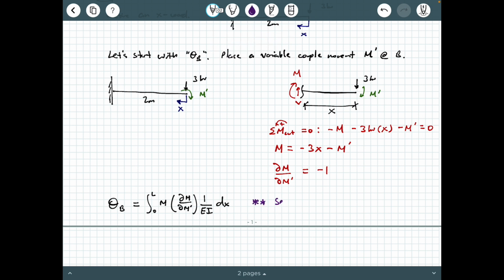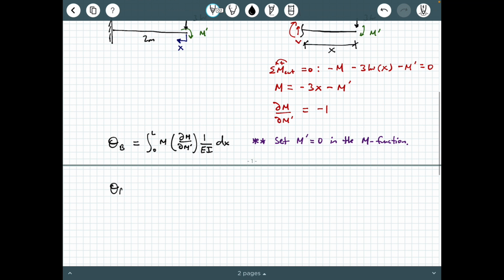We're going to set M prime equal to 0 in the moment function when we evaluate this integral. So finally, I'm going to get theta B equals the integral from 0 to 2 meters, and M is going to be negative 3x. dM/dM prime is -1, and of course we have the 1 over EI, and then we have a dx right here.